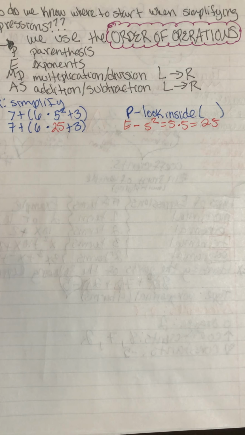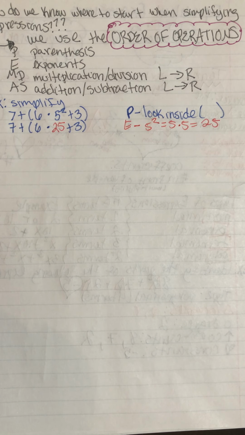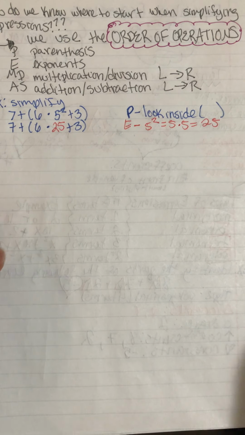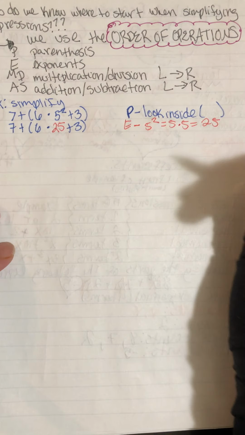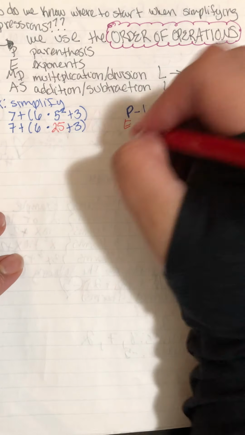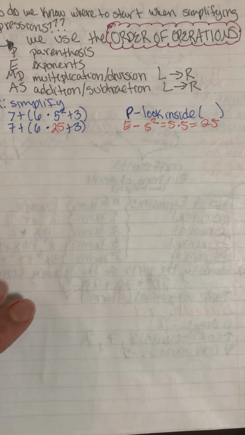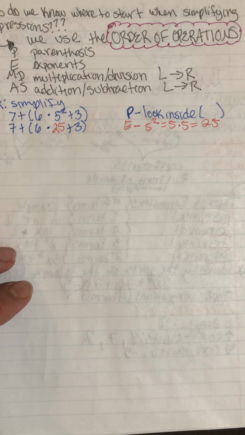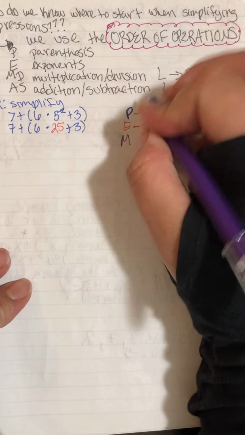All right, so then next, what are we going to do? Well, inside the parentheses, remember, we're still using order of operations, so we're going to multiply left to right. So we're going to multiply 6 times 25, right? So we're going to, let's use a different color. So we're going to multiply, right?